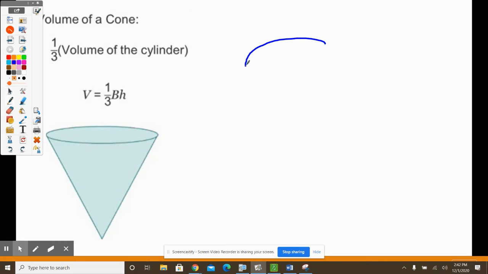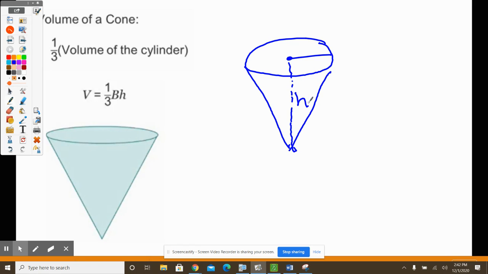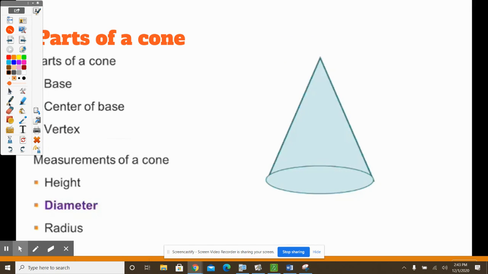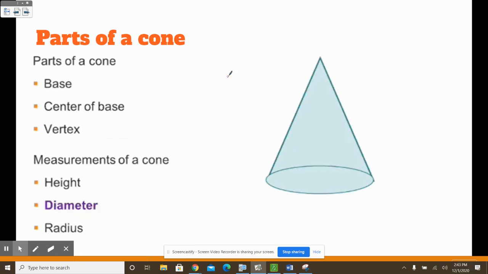So we might want to draw a picture here. Okay. So the height would go right down here, and then that would be big B. And you can find the area. The volume. So what are the points that we need to know? Okay, you have that picture there. This is the base. The center of the base is important because it goes right to the vertex.